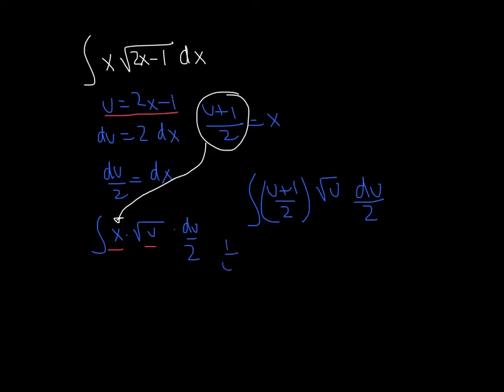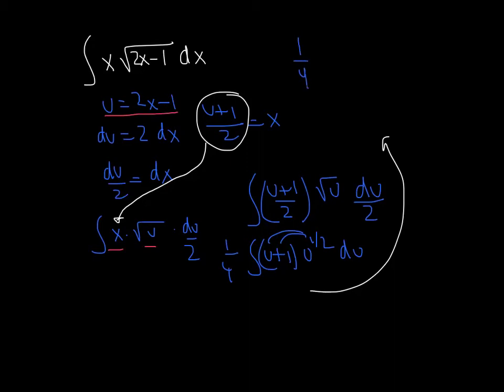So it's going to be 1/4 the integral of u plus 1 times u to the 1/2 du. Now I'm going to distribute the u to the 1/2 in there, and so I'm going to have 1/4 the integral of u to the 3/2 plus u to the 1/2 du.